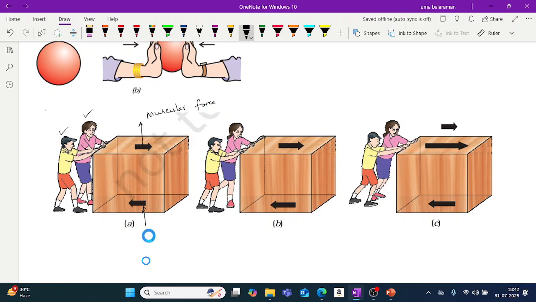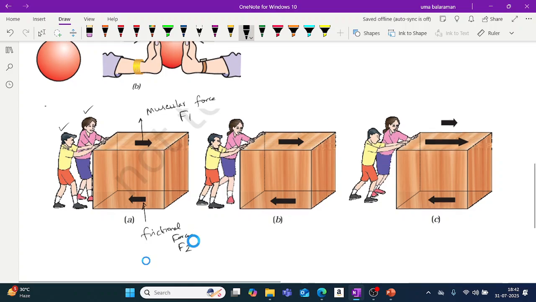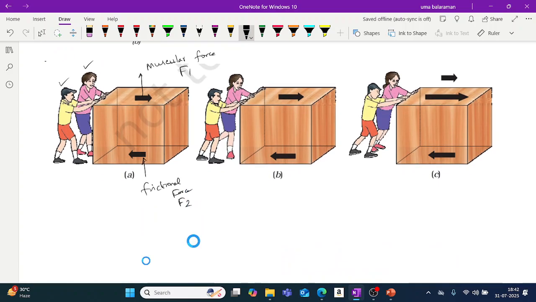This is frictional force. Muscular force F1, frictional force F2. Who is offering frictional force? The ground is offering frictional force. Here, both are equal. You see, the arrow mark is the same size. F1 is equal to F2.